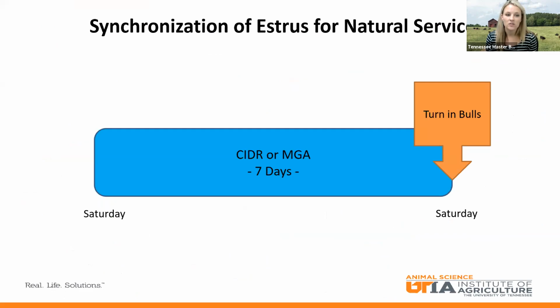So we'll talk about CEDARs. You put a CEDAR in on day 1, which will be a Saturday. On day 7, so it stays in for 7 days, take it out on the next Saturday, and then you turn the bulls in. So real simple: CEDAR in, CEDAR out, 7 days. And that short exposure to progesterone, like we just talked about, is really going to work to push these cows up, which I'll show you some data on in the next slide.